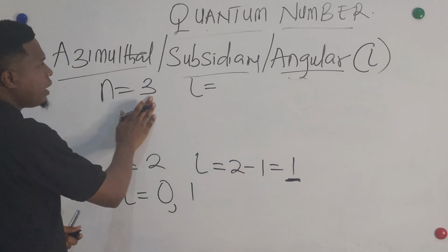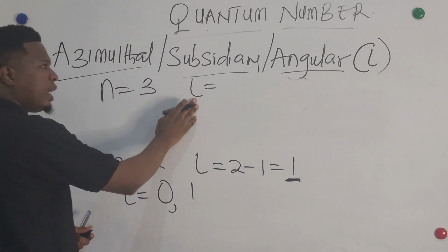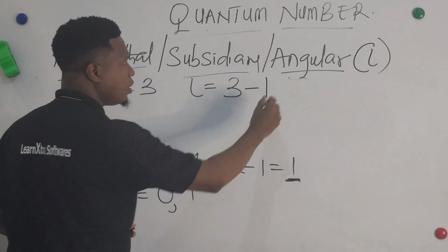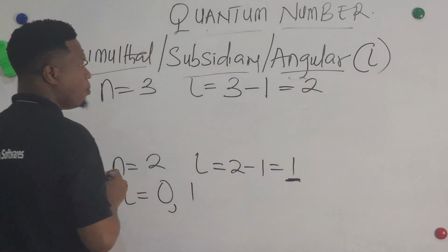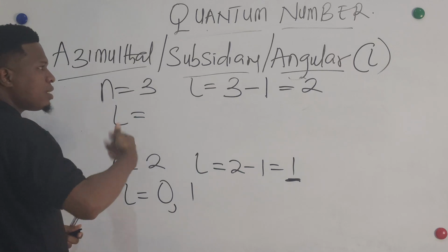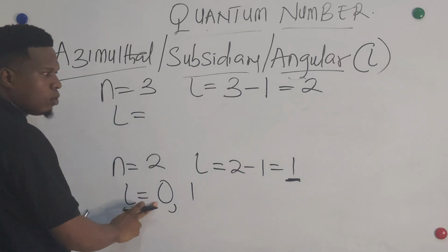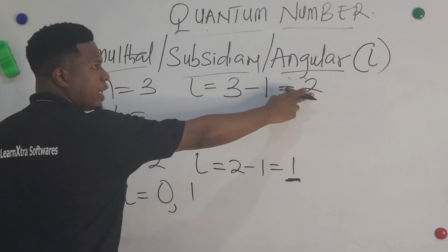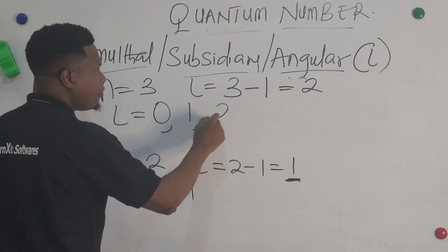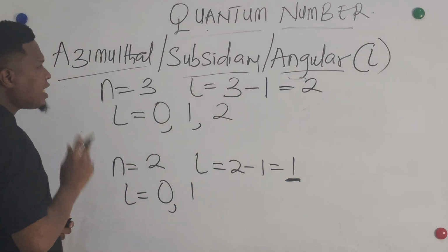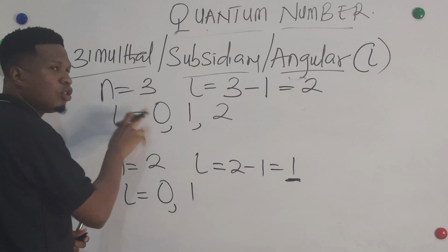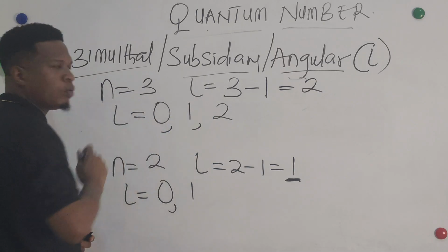So for n equal to 3, the value is n minus 1, which is equal to 2. But to get the possible values of L, you start counting from 0 until you get to 2. So you have 0, 1, 2. The possible values of L when n is 3 are just three values: 0, 1, 2.